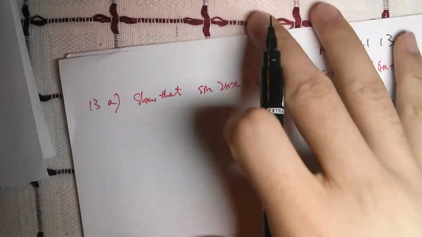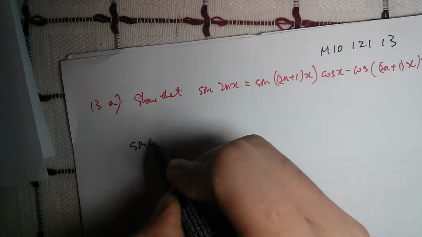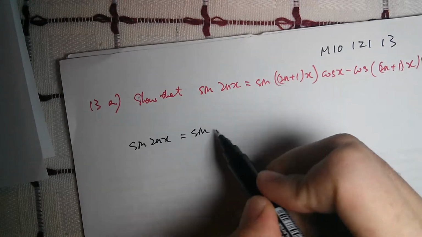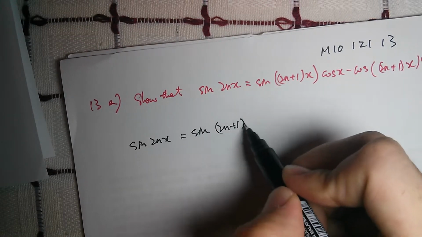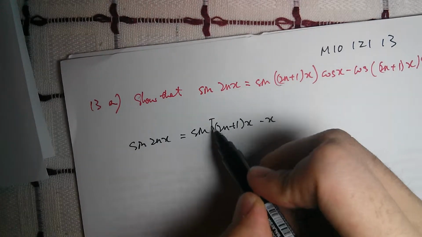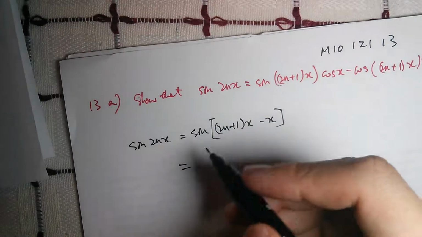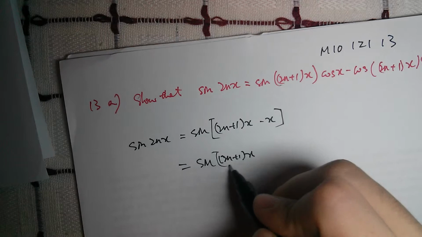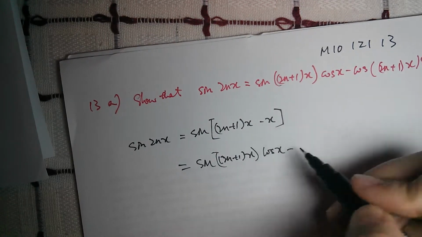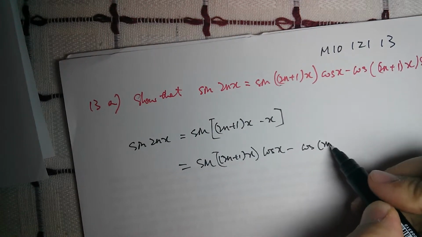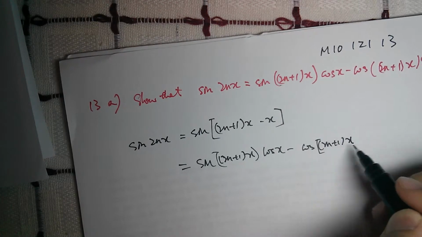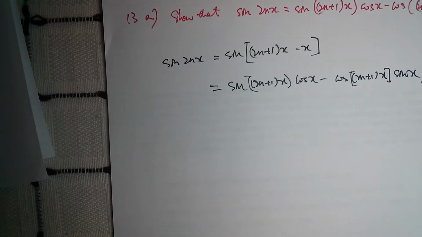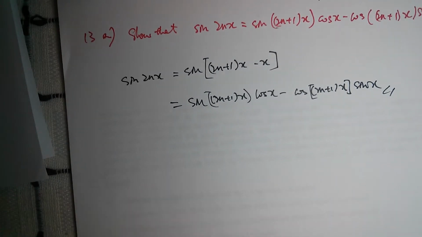There isn't much to do. 2nx is obviously (2n plus 1)x minus x, so 2n plus 1 minus 1 is 2n, right? And then you apply the formula: sine the first one, cosine the second one, minus cosine the first one, times sine the second one. Done. Simple as that. Probably everybody can get it.